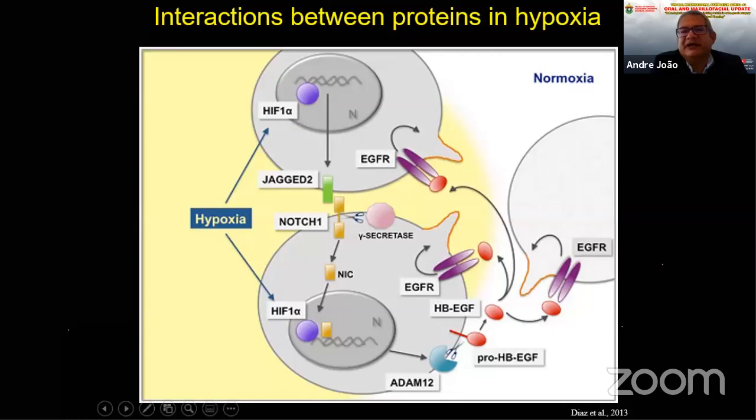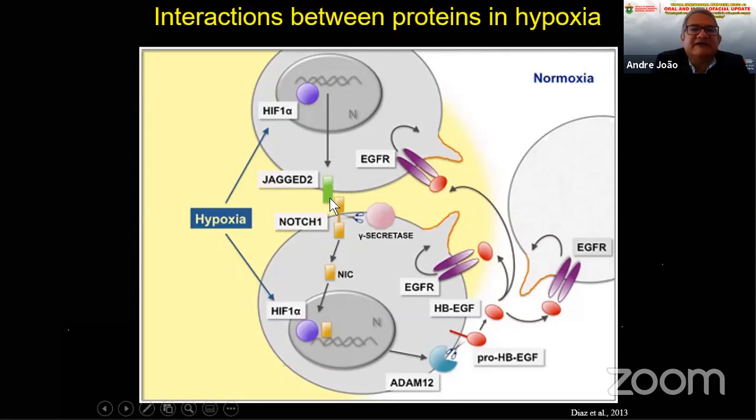Diaz and collaborators showed the interactions between proteins and hypoxia. Look at this picture. Here we have a membrane protein, JAGD2, and NOTCH1.